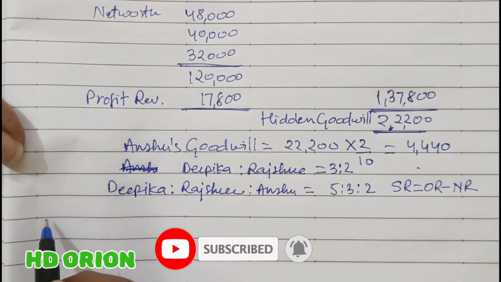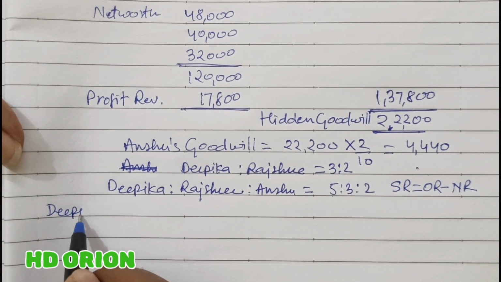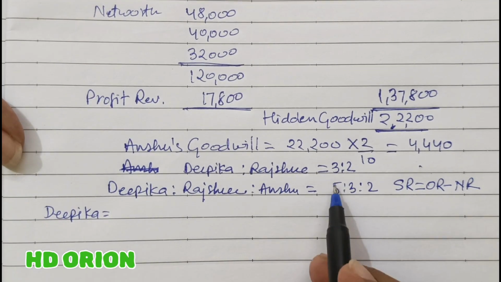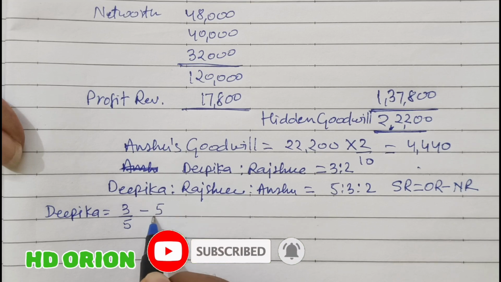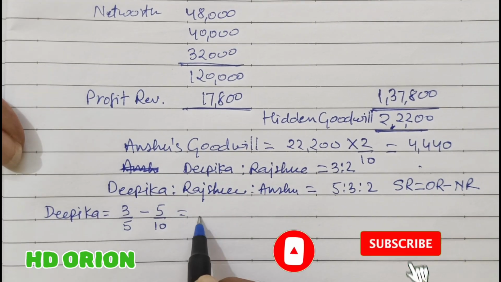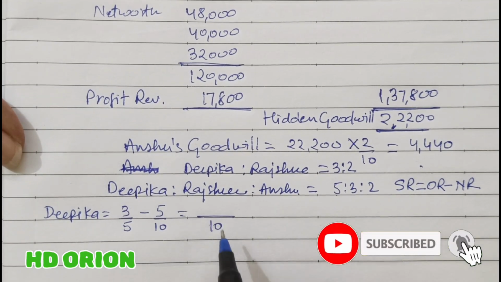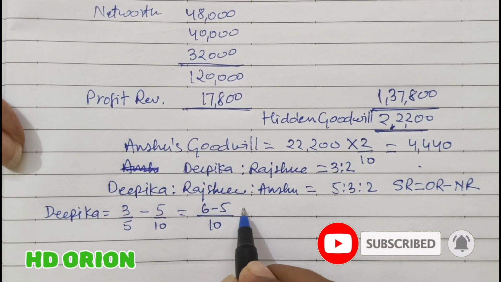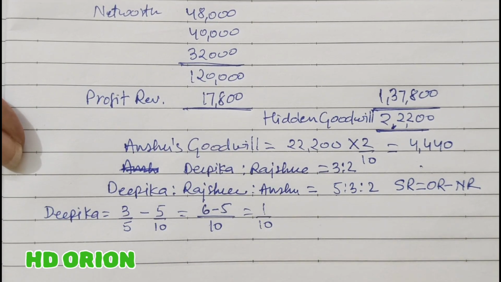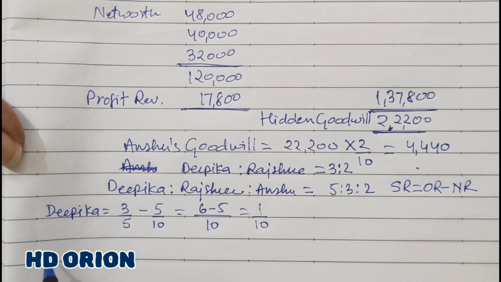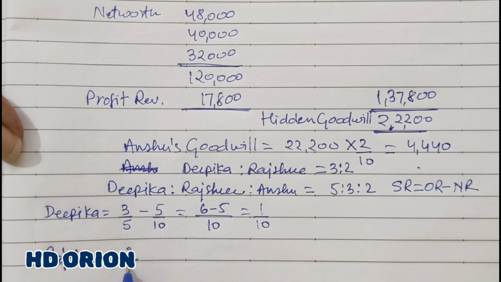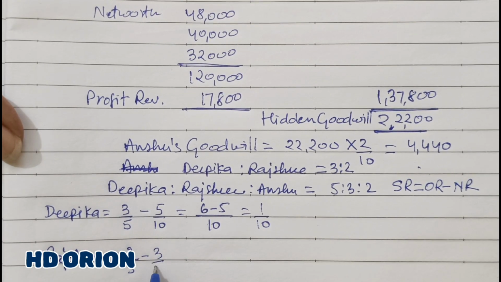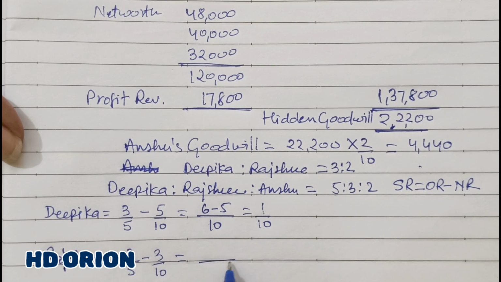So let us calculate for Deepika. Old ratio is how much? 3 by 5, and new ratio is 5 by 10. LCM is 10. It is 6 minus 5, 1 by 10. Fine. And for Rajshri, old ratio is 2 by 5 minus 3 by 10. So here also LCM we get 10.